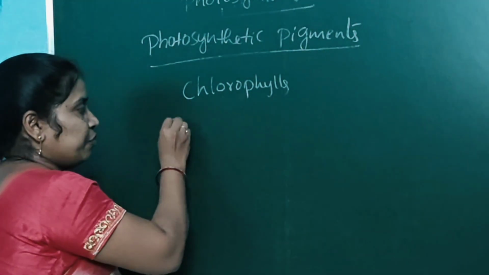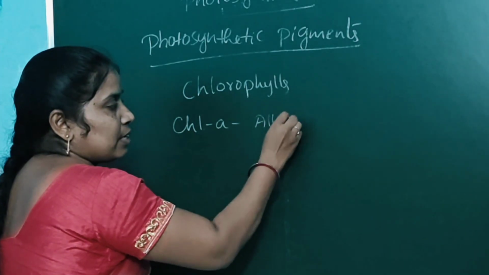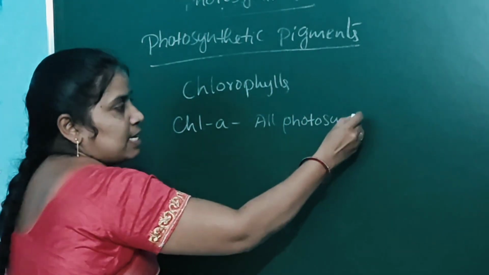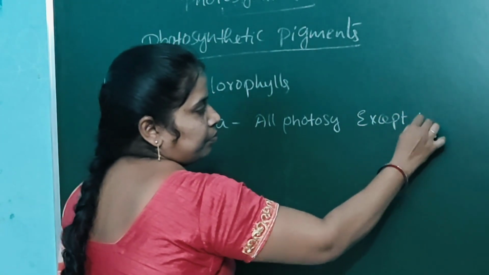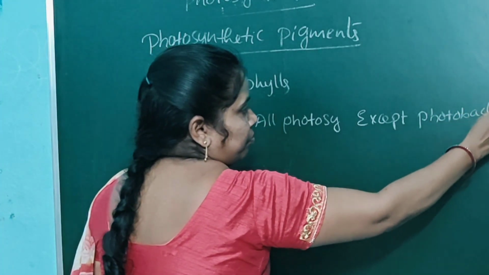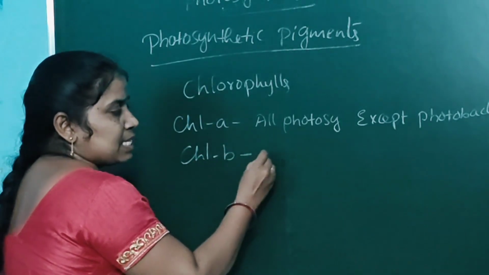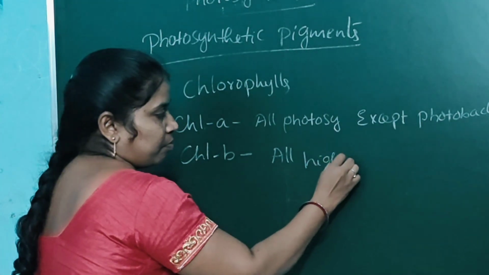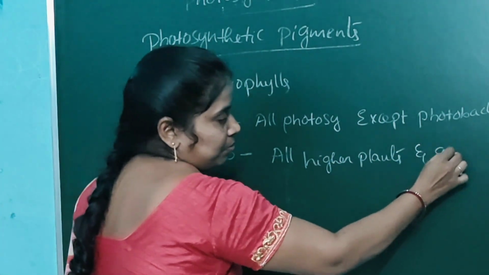They are chlorophyll A, present in all photosynthetic organisms except photobacteria. Chlorophyll B, present in all higher plants and green algae.